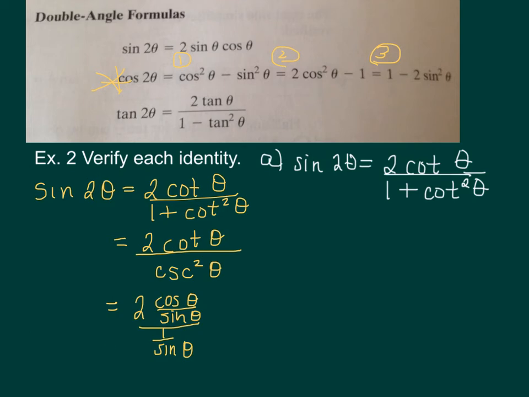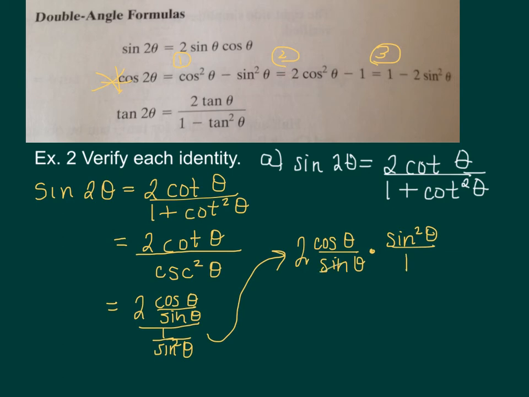And so if I do keep, change, flip, I'm just going to move this over here. And this is supposed to be 1 over sine squared theta. Keep, change, and then flip.